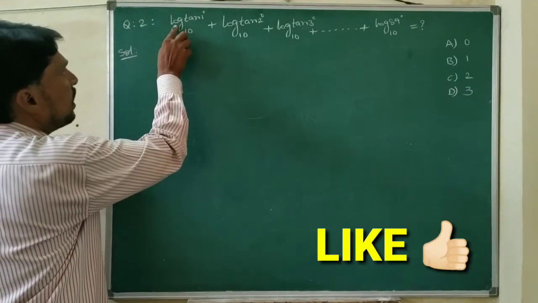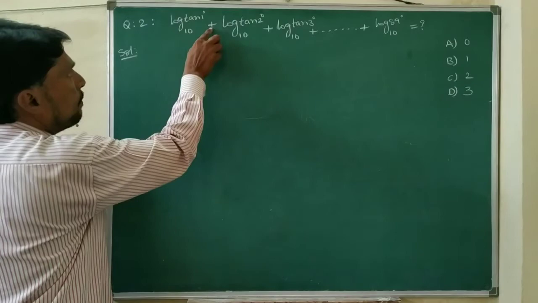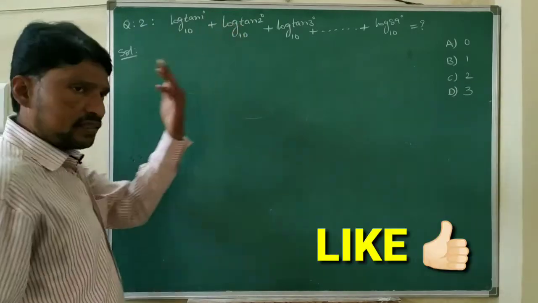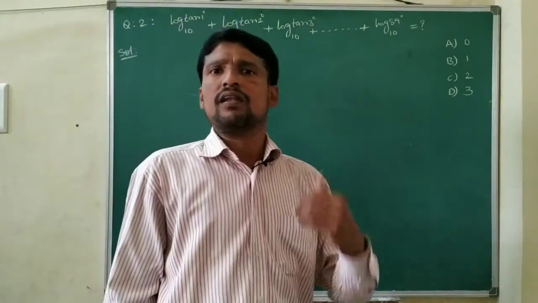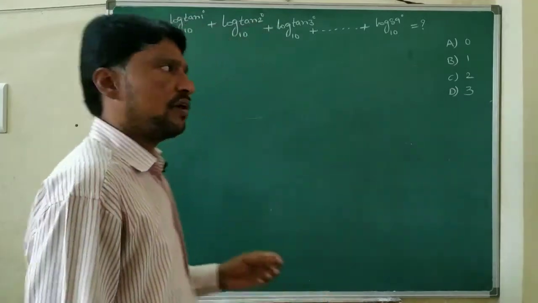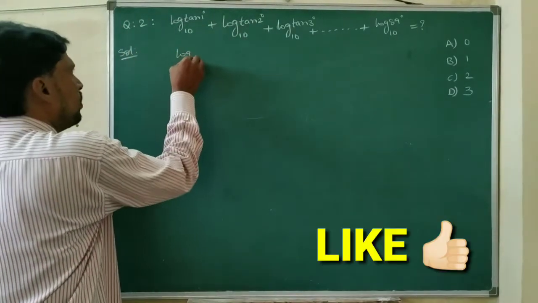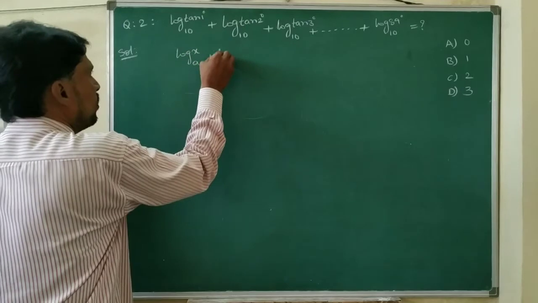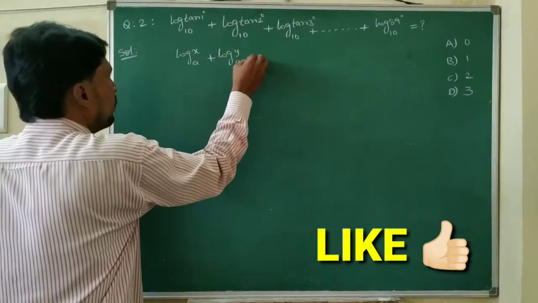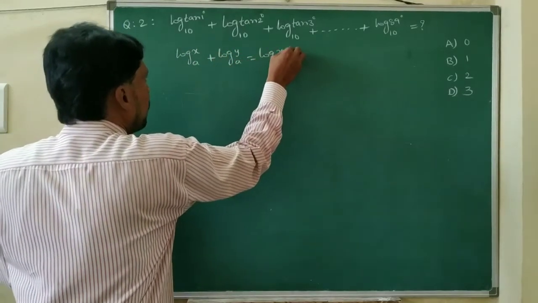So here log x base a plus log y base a is log xy base a. So it is of the form log x base a plus log y base a, which we can take as log xy base a.